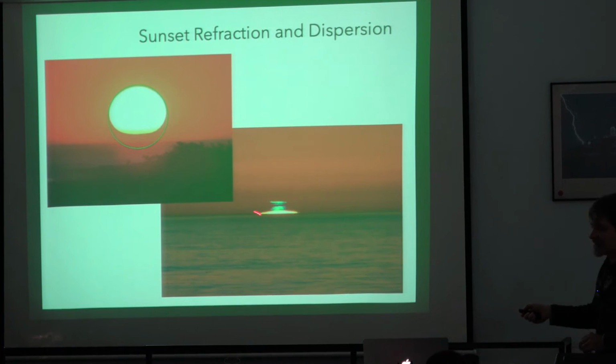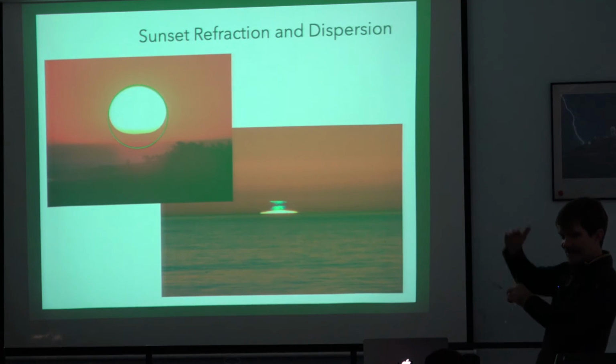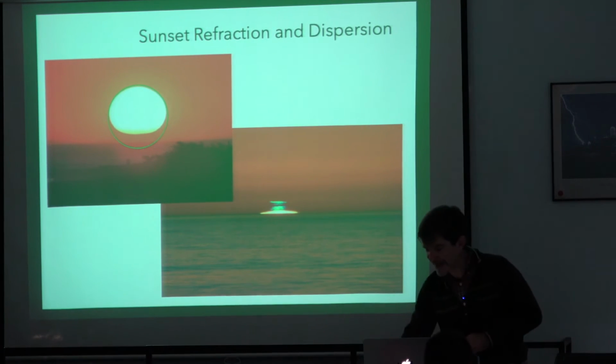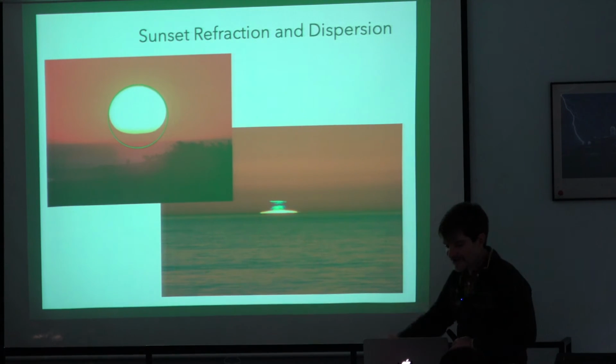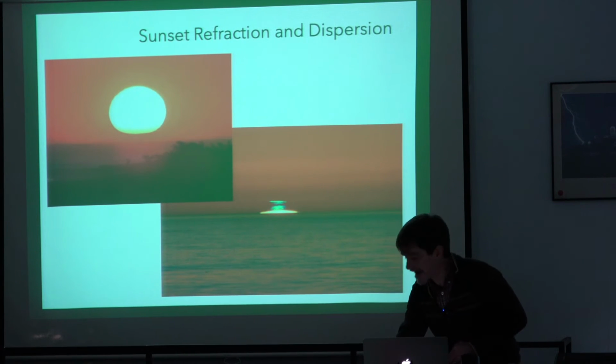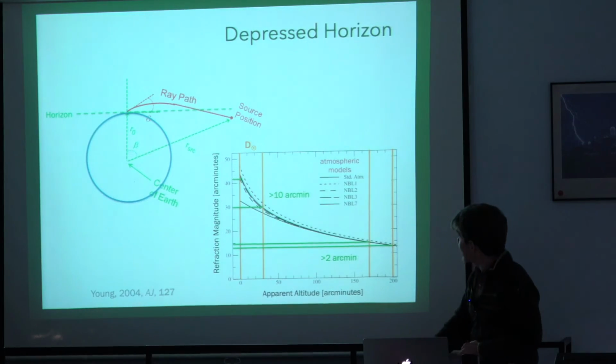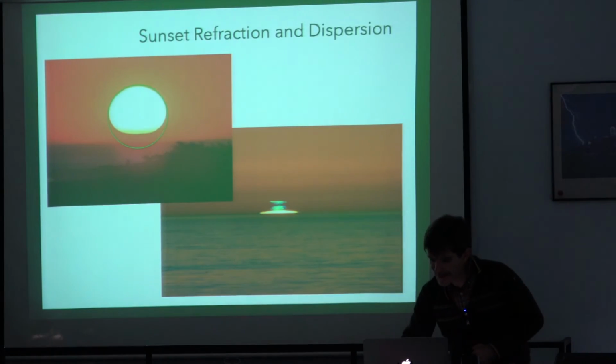Here the red part of the sun sets sooner because its refraction is a little bit less, and the green wavelength of the sun sets a little bit later, so you get a little separation of the solar image according to wavelength, and you end up with the green flash, hopefully, if you're lucky.